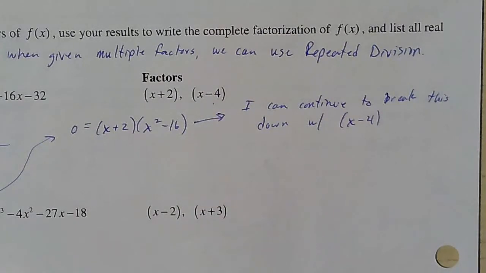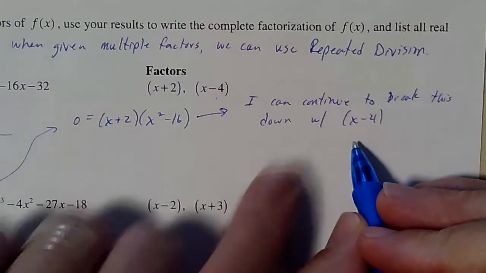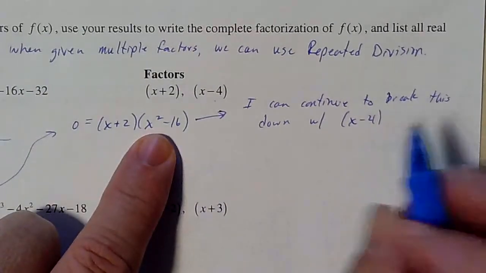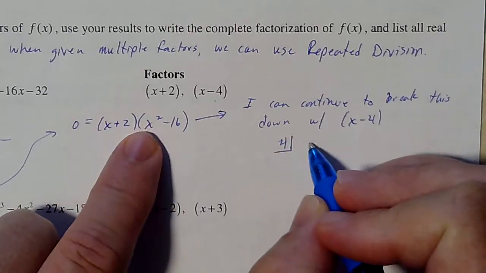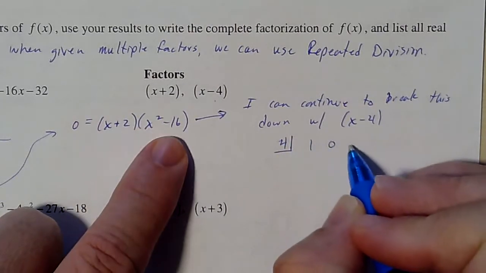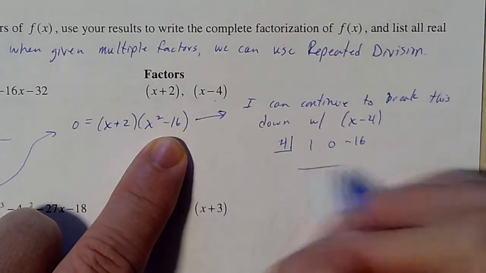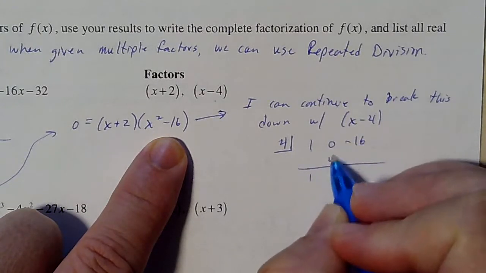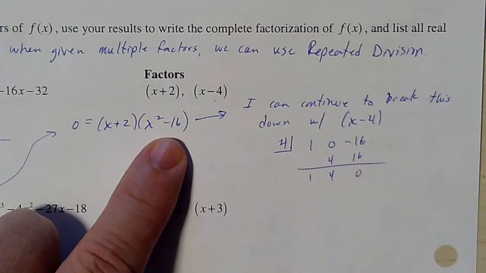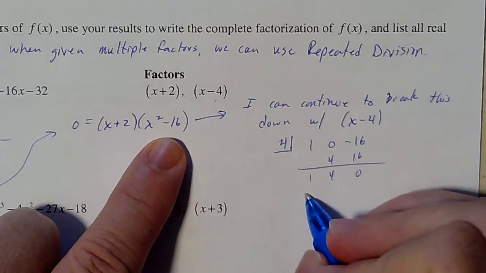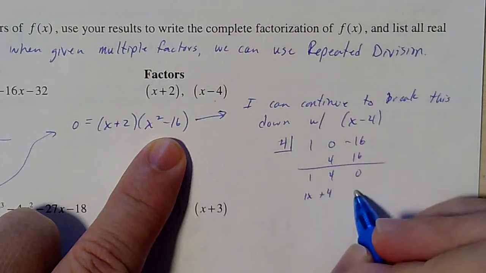Just do it the way we've done 3 other times so far. So I'm going to take this function and divide it by x minus 4. So 4 is here. I've got 1x squared, 0x, and minus 16. Add, multiply, add, multiply, add. So the result is 1x plus 4, right? Remainder 0.